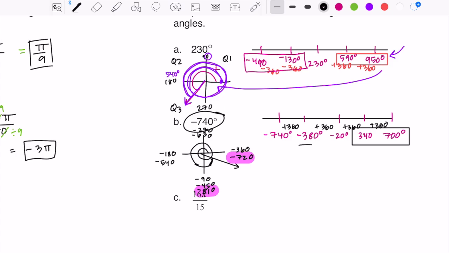And I also know that this guy right here is one of the closest negative angles, but guess what? I can actually subtract 360 from here to get an angle that's closer than negative 20. So if I subtract 360, I get negative 1100.